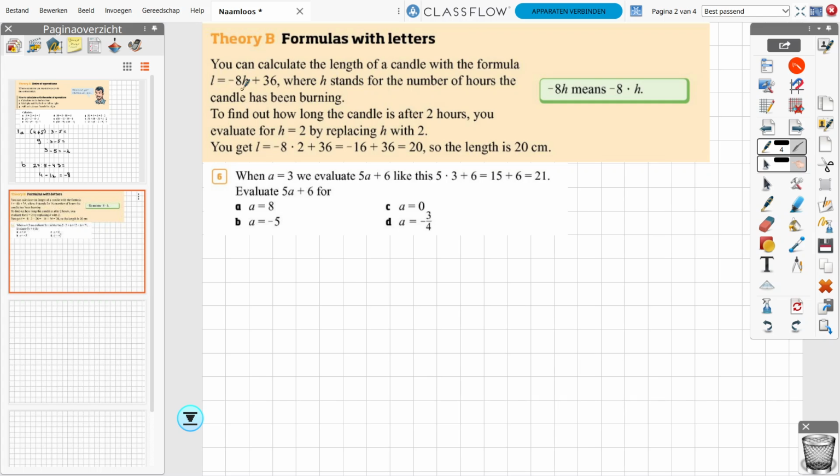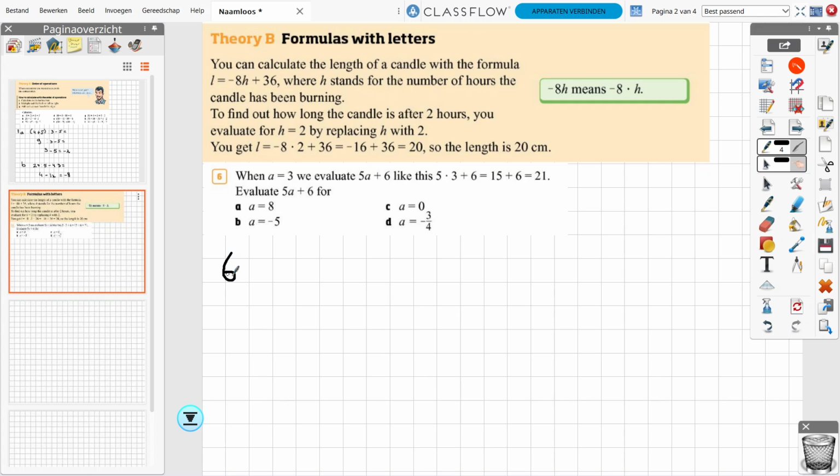Remember, minus 8H means minus 8 times H. Times, not plus. Don't just paste the 2 after that, then you get minus 82. That's not the same. It's minus 8 times H, minus 8 times 2, because we want to know what happens when H was 2. Order of operations, minus 8 times 2 is minus 16, plus 36 equals 20, so the length is 20.